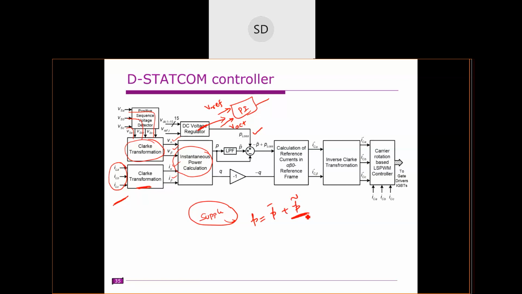By using a high pass filter, we can get the P AC component here, or by using a low pass filter, we can get the P DC component. Is this correct?